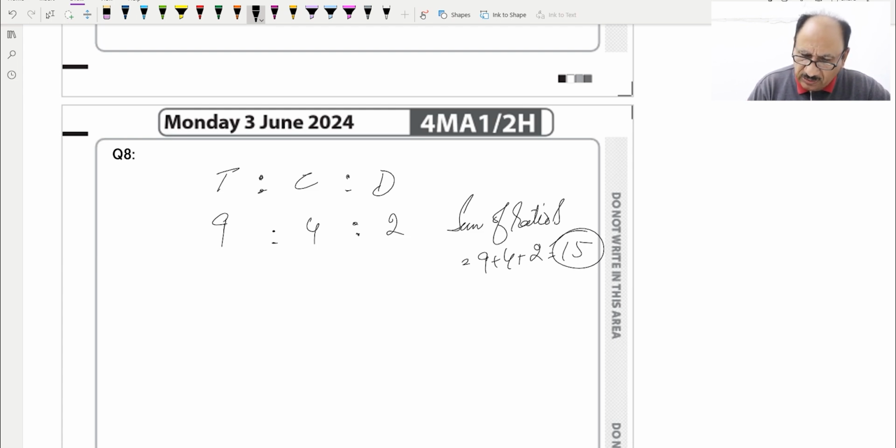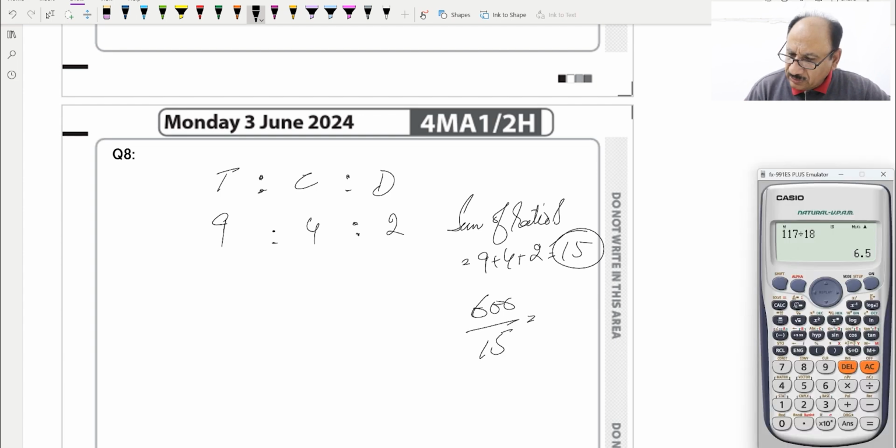So 600, we can find the separate categories from the total, and we will be splitting the 600 total into 15 parts, and 600 divided by 15 will be equal to 40.